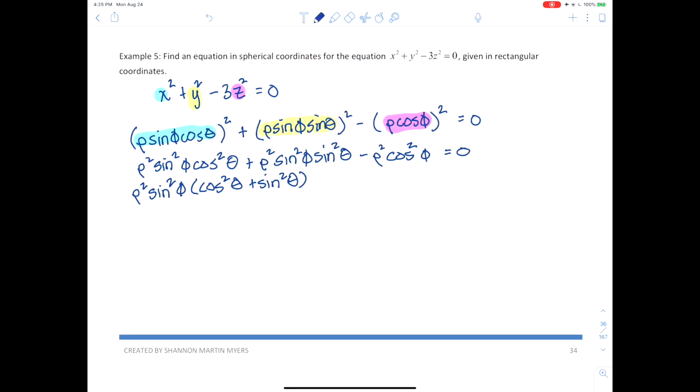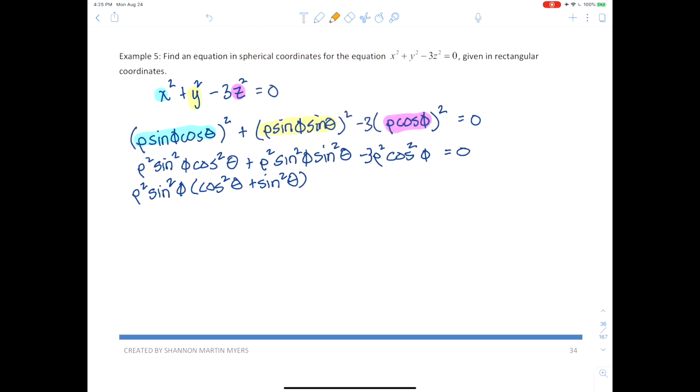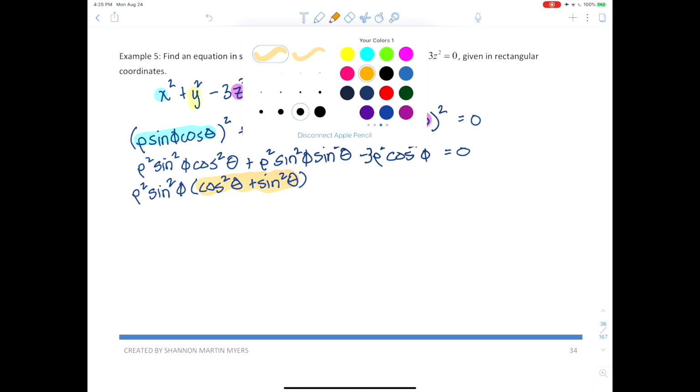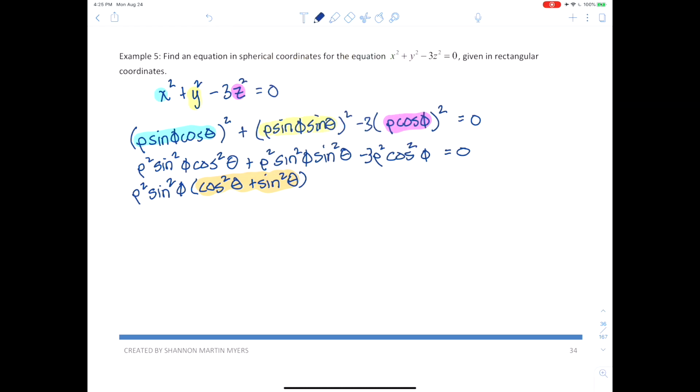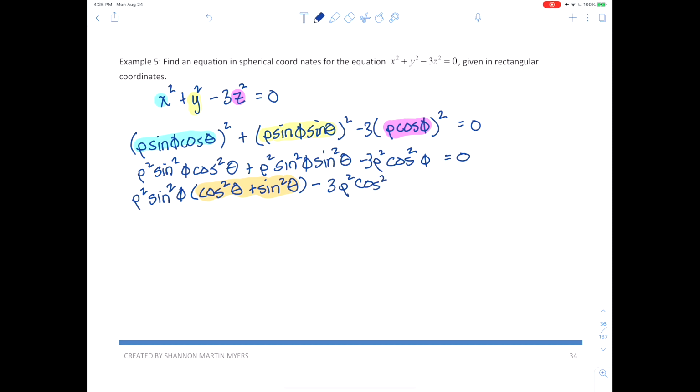Oh, and I forgot my 3. I'm sorry. Good thing I went to highlight. 3. Okay. All right, so then what we did here is that we factored, and then don't we know that cosine squared theta plus sine squared theta is equal to 1, right? So that'll be a good one. And then we still have minus 3 rho squared cosine squared phi, and that's equal to 0.